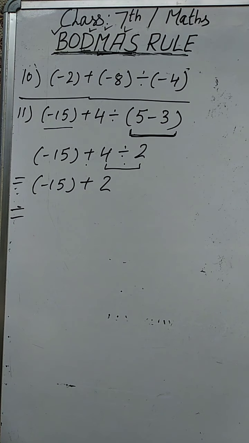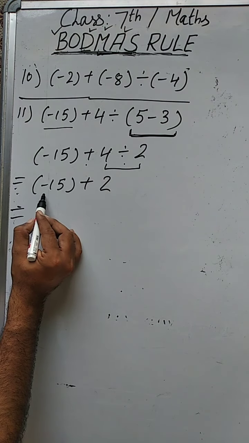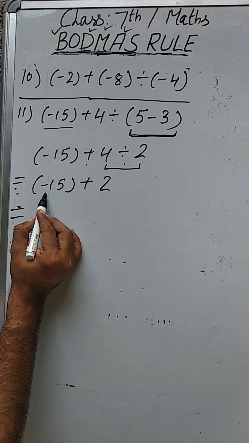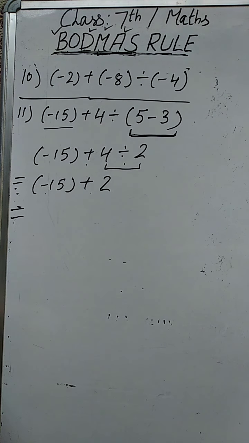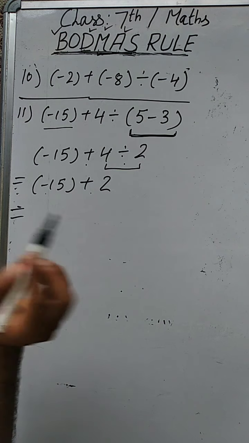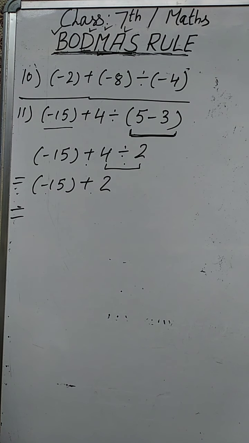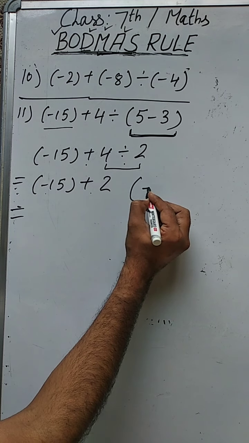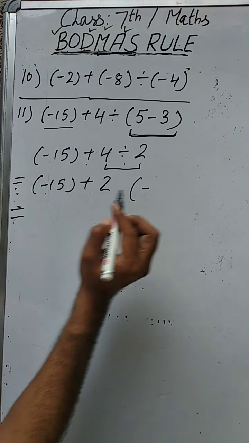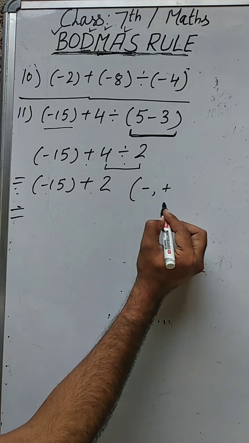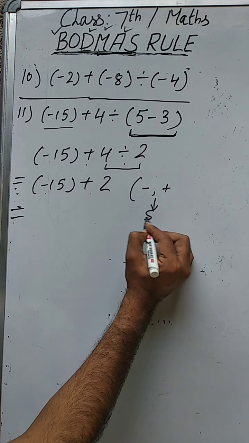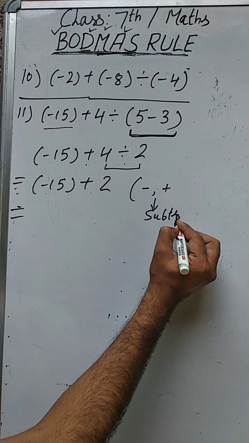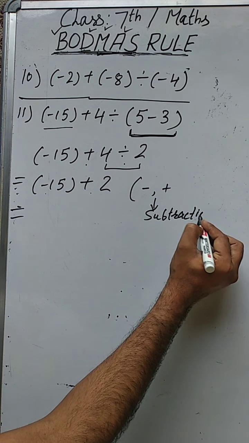Now beta, look here. Here are two numbers, one in minus, one in plus. In the previous sign convention video, I explained that if one number is minus and one number is plus, then you have to perform subtraction.